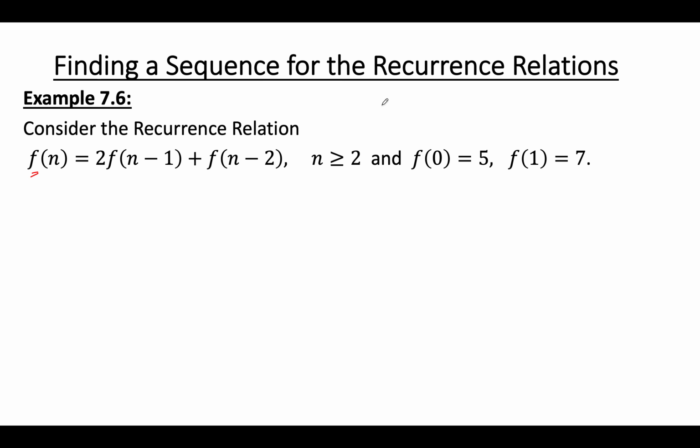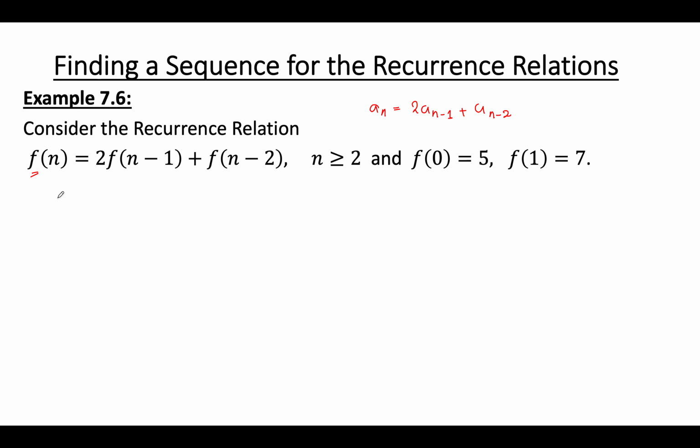It is something like a_n = 2a_(n-1) + a_(n-2). However, here it is in a different shape. Alright, so let's try to solve this and find the sequence.